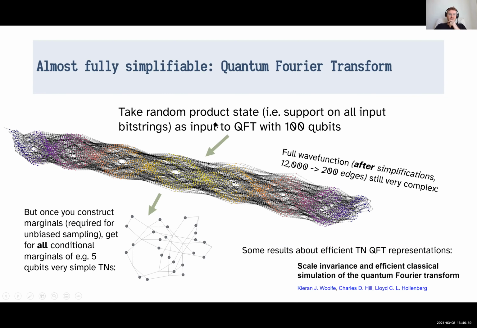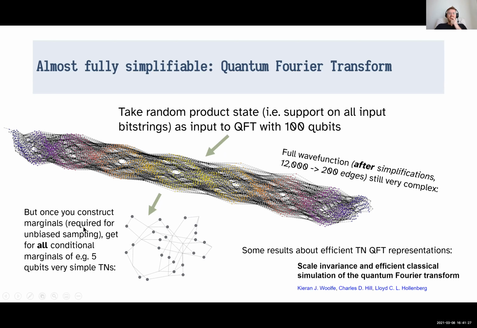It really is a superposition of many states. And you take this as the input to the quantum Fourier transform with some relatively large number of qubits. It doesn't seem to matter too much how large. Then even after simplification, you get potentially this very, very large complex wave function that can't be simplified any further.